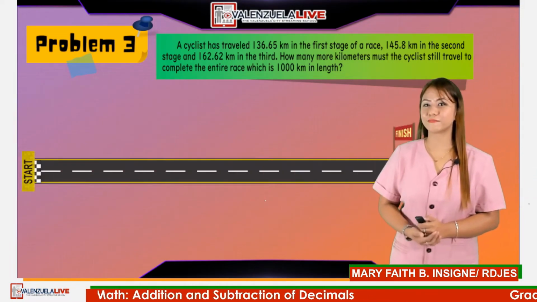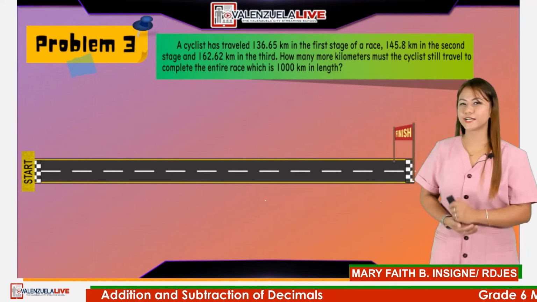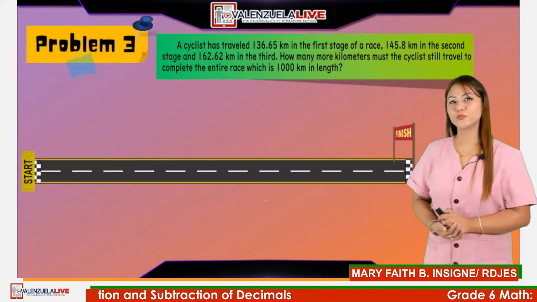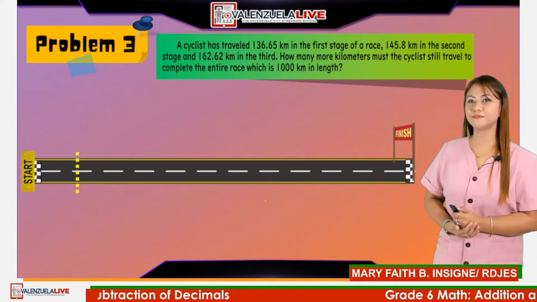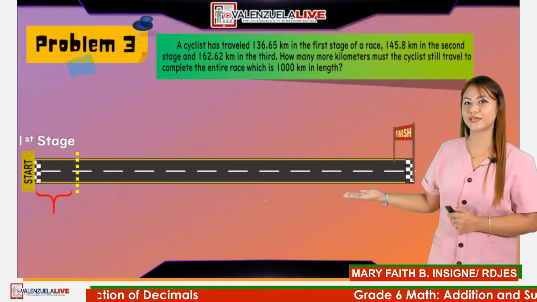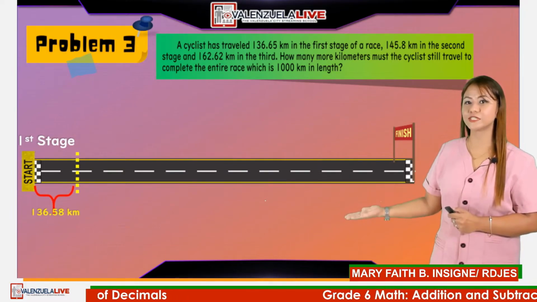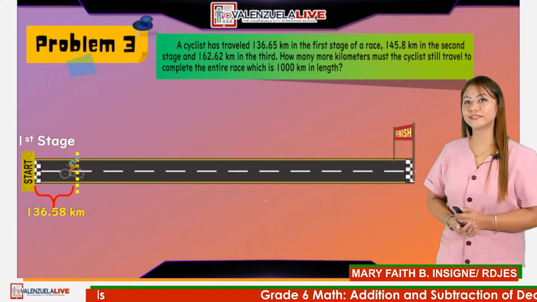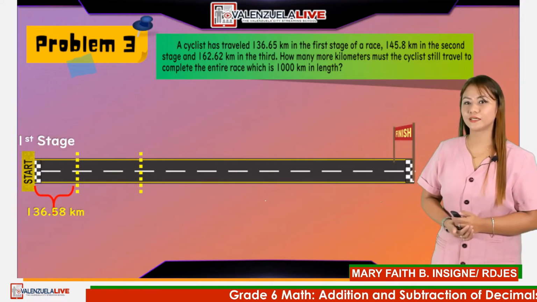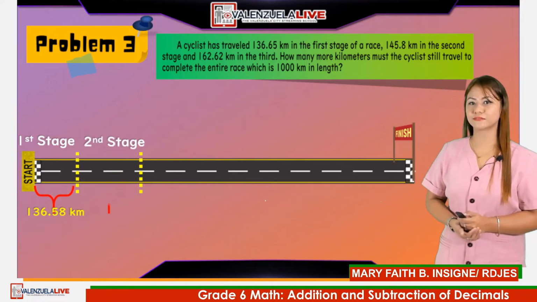Next is to devise a plan. To fully understand our problem, we use this representation. On the first stage, we have 136 and 65/100 kilometers. The second stage, we have 145 and 8 tenths kilometers.